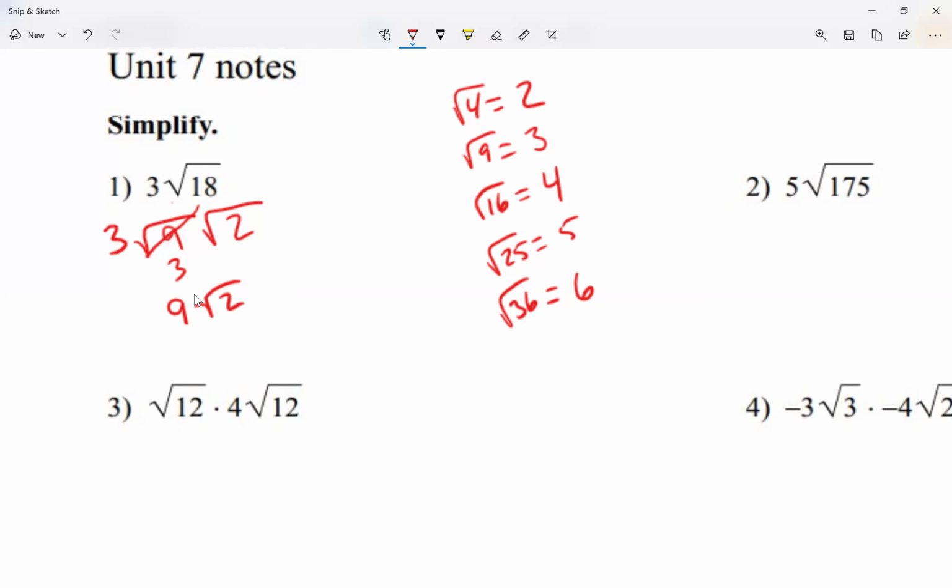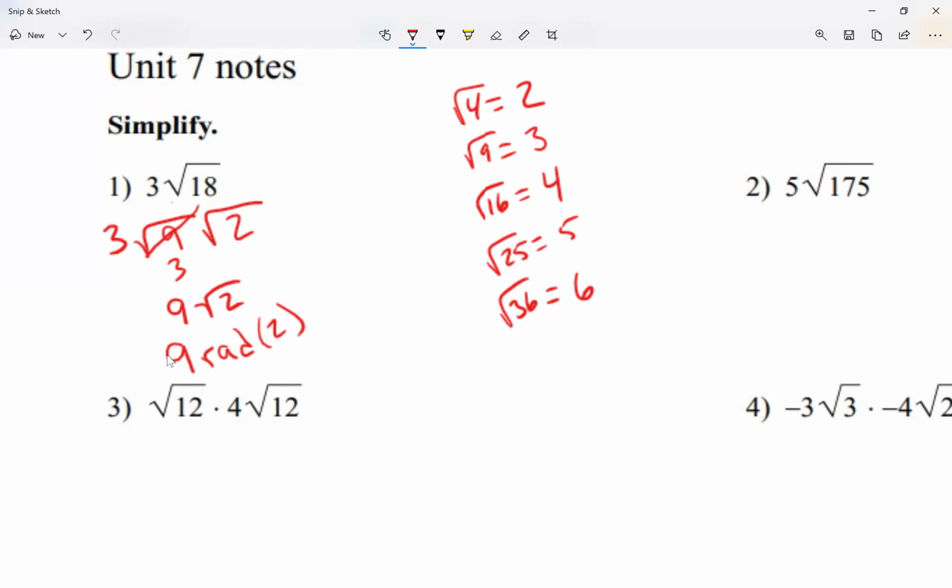Now, how are we going to type this? The 9 outside of the radical is easy, right? You just write 9. Now this radical 2 is actually what's giving us a problem. The way you are going to write this is RAD, all lowercase, for radical. You see how the 2 is inside the house? I'm going to put my 2 inside parentheses.